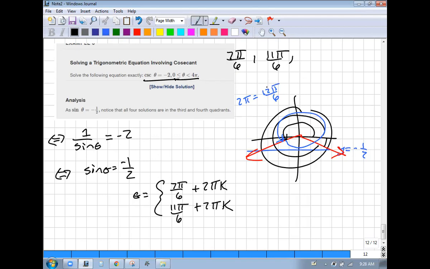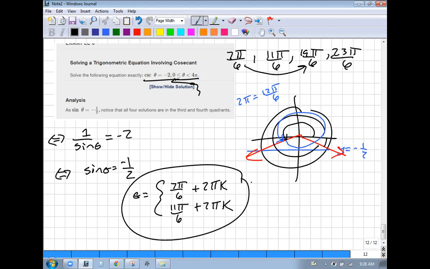So if I add 12 to 7, all I did was add 2 pi. And then the same thing with this 11 pi over 6. If I add 12 and 11, I get 23 pi over 6, right? So those are the 4 solutions between 0 and 4 pi.